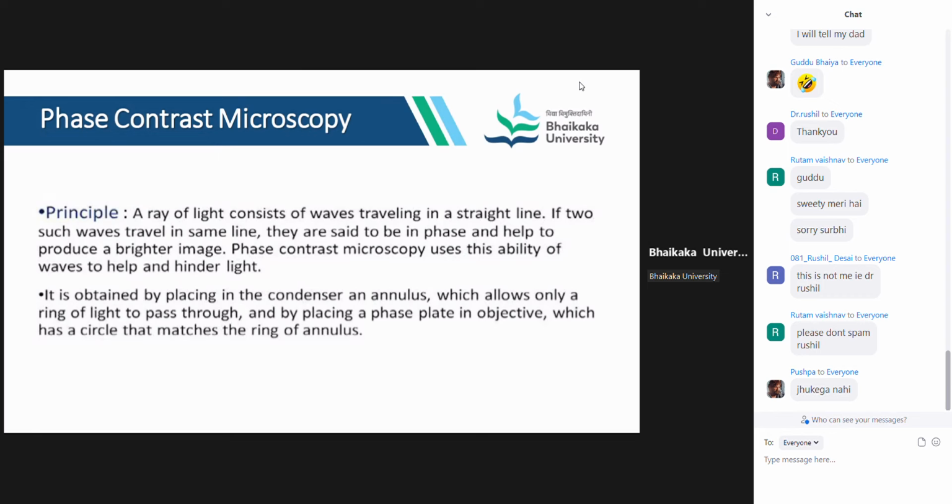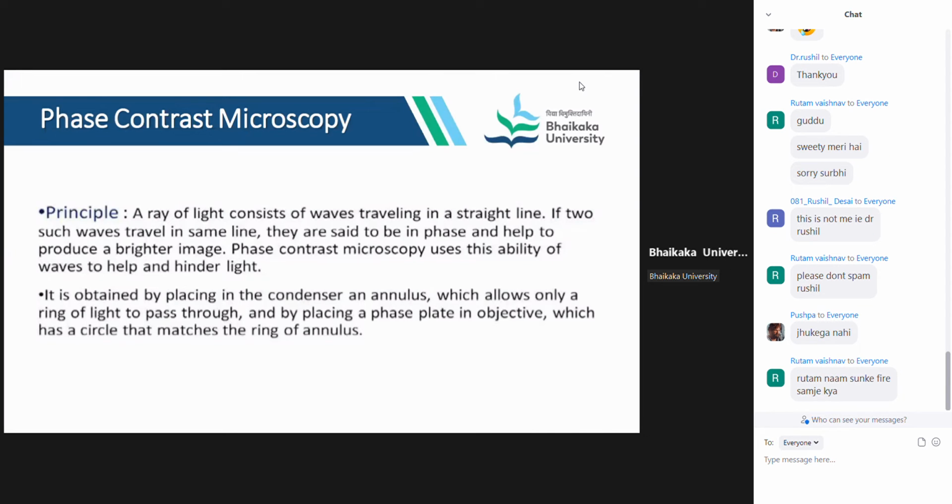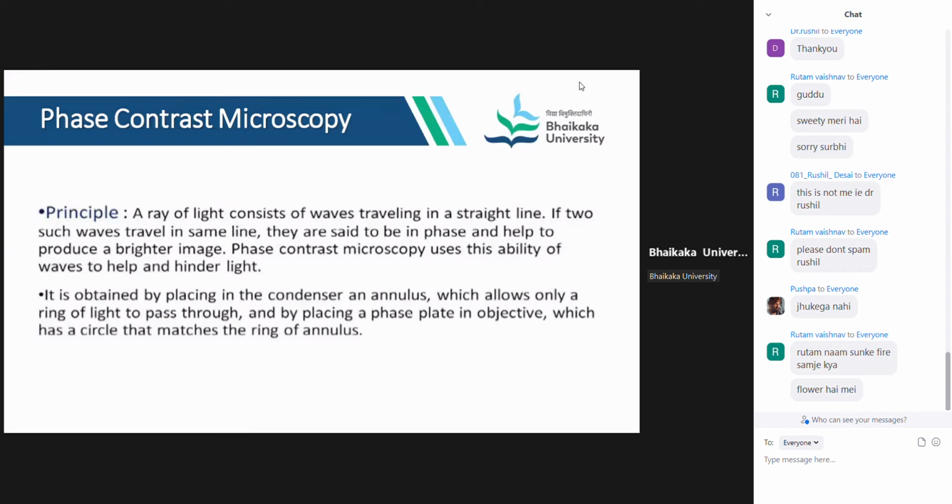So basically, what is different from light microscopy is, as we have seen here, that one annulus is placed near the condenser and another annulus is placed in the objective. So they are creating a phase contrast by which we can see the small organisms and the cells even without staining them.